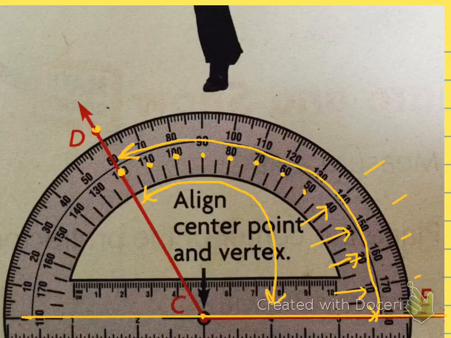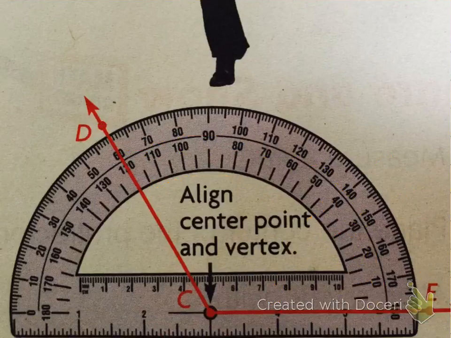Let's see how this works. My first step will be align the center point and the vertex of my angle, which I've done right here. Next, I'm going to align the center point and the vertex on my protractor.